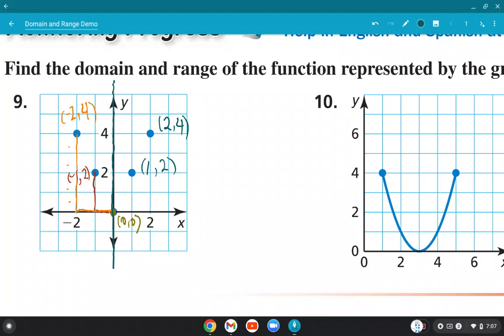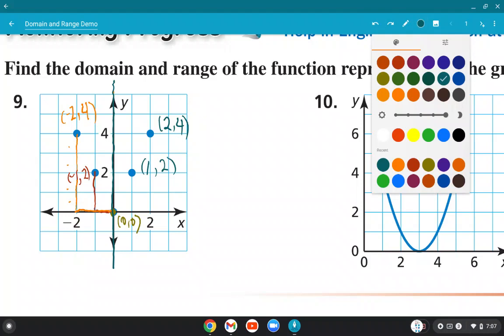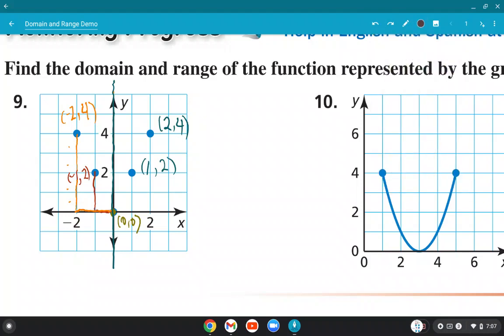And our domain will include the following numbers: -2, -1, 0, 1, 2.